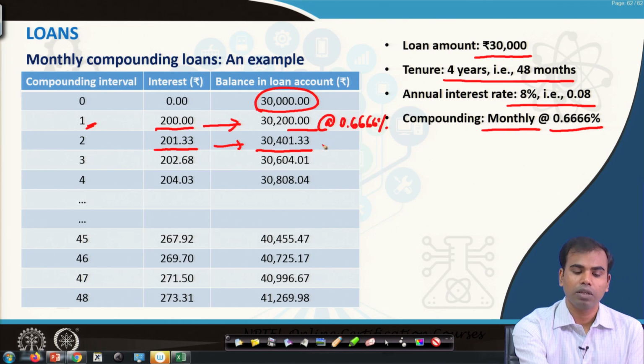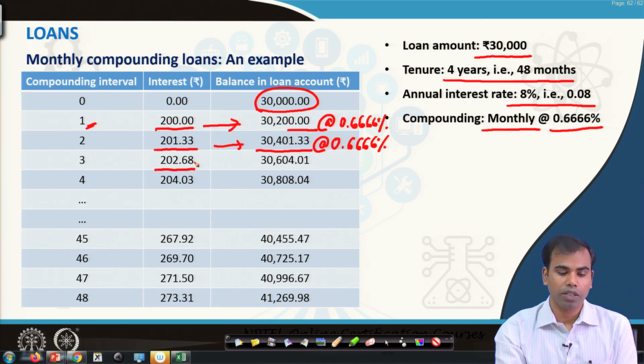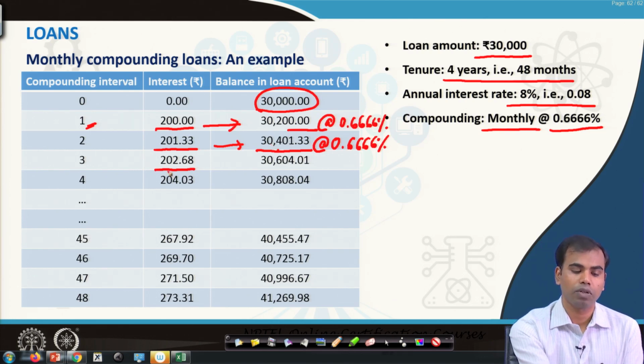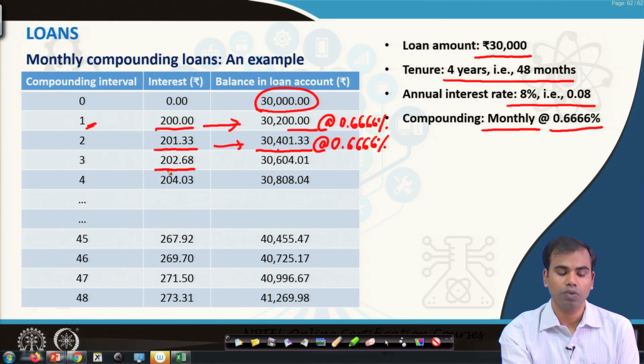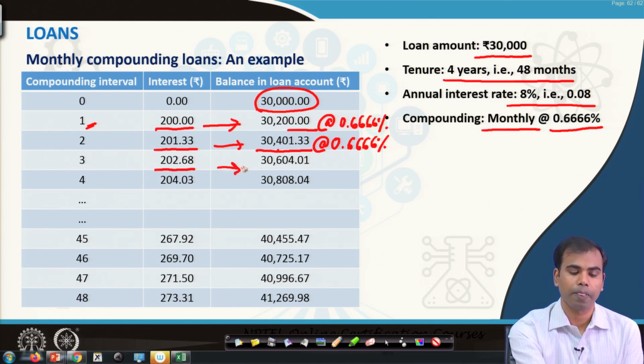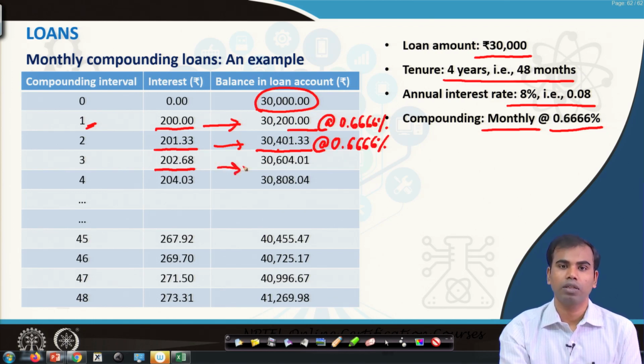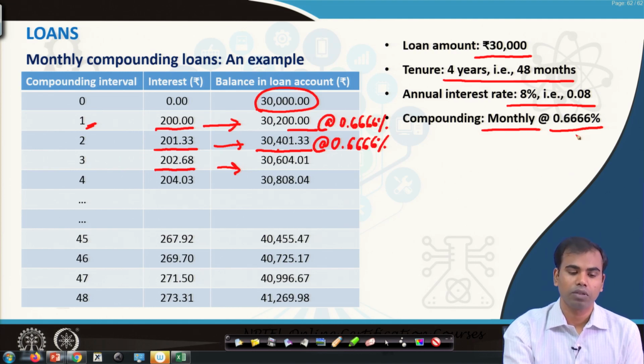Now, similarly, the interest will be charged on this amount at 0.6666%. That will lead us to the interest payment calculated on this amount for the next period, that is 202.68, and so on. So, this is how we calculate the monthly compounding of interest at the rate of 0.6666% on the balance in the loan account.